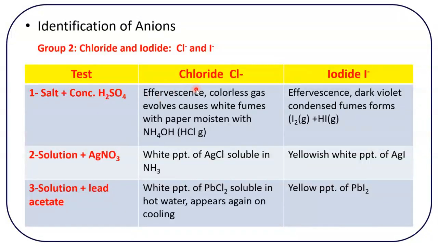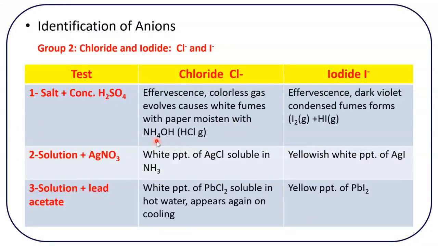In case of chloride, you will see effervescence and a colorless gas evolves. This gas is HCl. How can you identify HCl gas? This gas produces white fumes with a paper moistened with ammonium hydroxide.